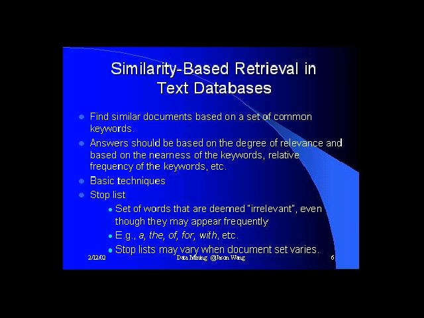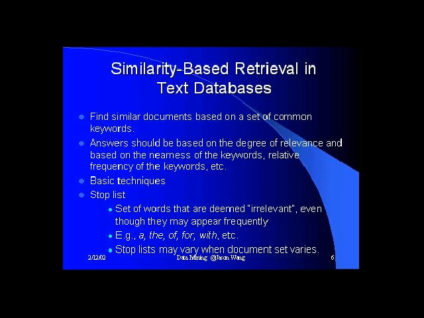Mining occurs in both documents. If they share a lot of such common keywords, then this document should be relevant in some sense, right? So our system should be able to retrieve these relevant documents and then rank them based on the degree of relevance to a query, or based on the relative frequency of the keywords and so on. So this similarity-based retrieval is one very common technique used by IR systems.